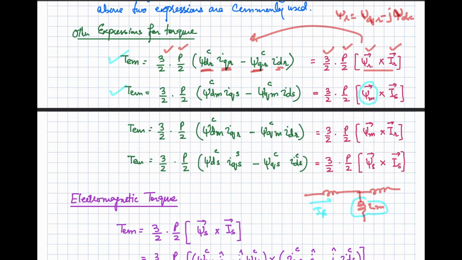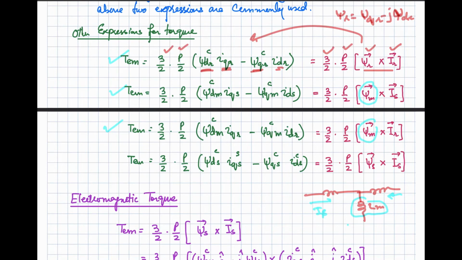Or you can take phi m and its cross product with the rotor current, you can get the torque equation, because phi m is representing the coupled flux, coupled between stator and the rotor. So either you can take its product with the stator current to get the torque, or its product with the rotor current to get the torque.